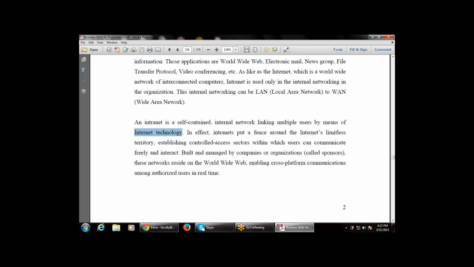In effect, intranet puts a fence around the internet's limitless territory, establishing controlled access sectors within which users can communicate freely and interact. Built and managed by the companies or organizations. As I told you, the intranet is built by various organizations. This network resides on the www that enables cross-platform communication among authorized users in real time.